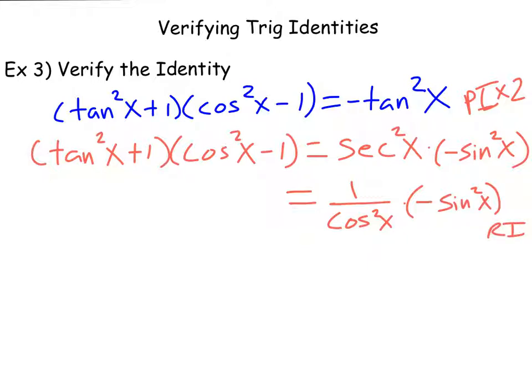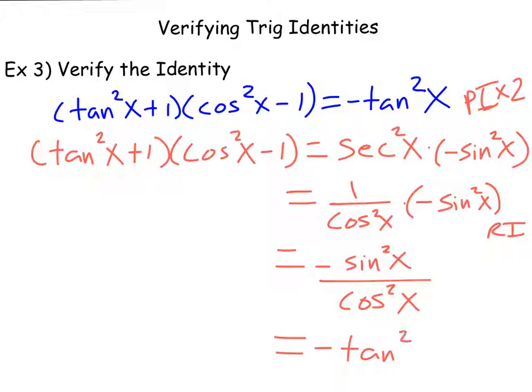That was a reciprocal identity. Now I could multiply these together, and I would get negative sine squared over cosine squared. Sine over cosine, wait a minute, that's tangent. I still have that negative, it's squared. That was a quotient identity, and sure enough, we end up at negative tangent squared.